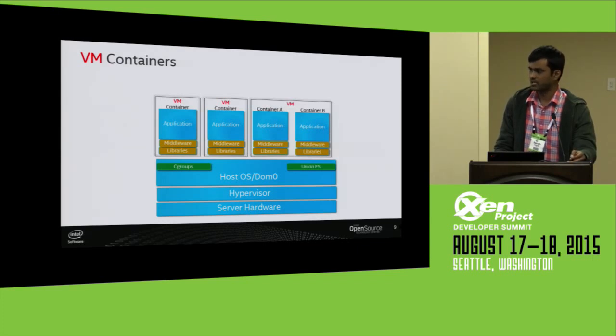For example, in a multi-tenant cloud, a single tenant could choose to run his containers in a single VM because he trusts his own code or applications. That would use fewer resources because you can bunch all these applications within a single VM.